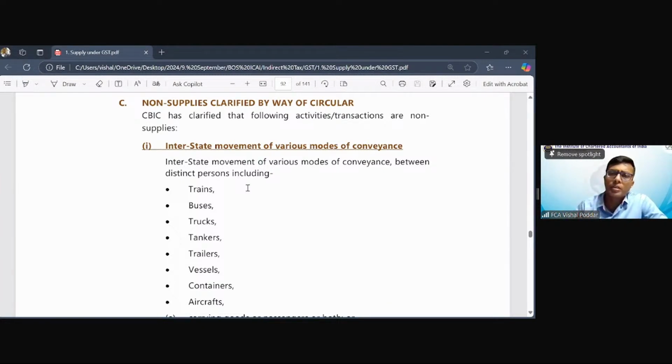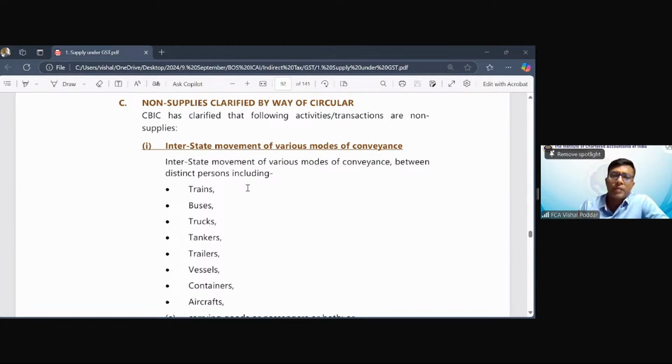Now, generally, all these bus operators, since they are running their buses between different places, they always open offices in all these places. So if my bus is running between Mumbai and Ahmedabad, I'll have one office in Mumbai, one in Ahmedabad. If my bus is going to Goa, Hyderabad, or let us say Indore, for all these places, wherever my bus is going, I have my own office. Why? Because bookings are done from both sides.